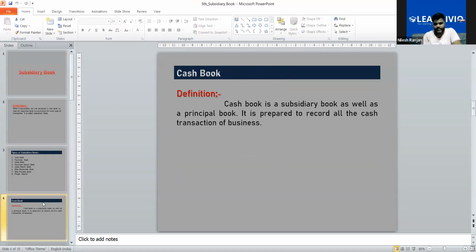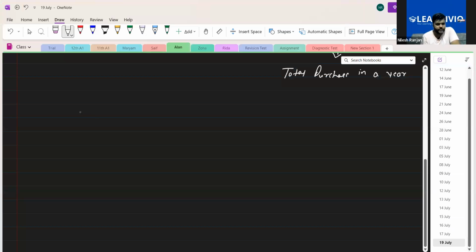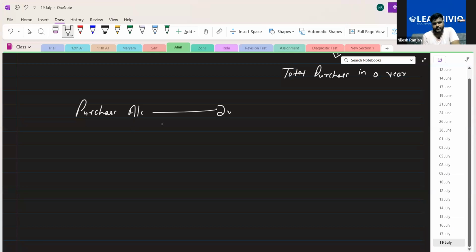You have to remember one thing, that in ledger every transaction is recorded at two places. Let's say this is a transaction: purchase account debit to cash. This is one entry in journal.